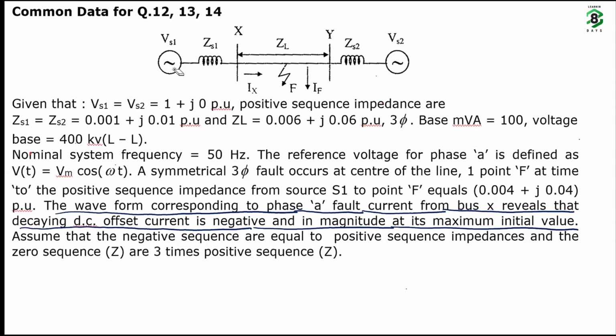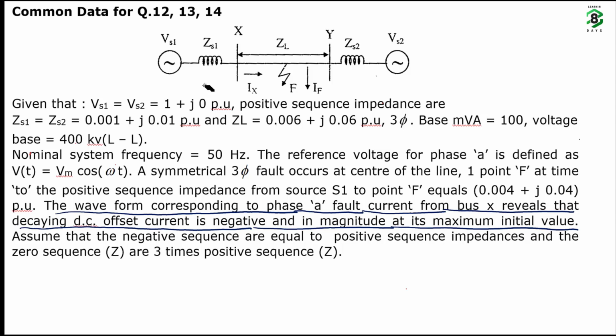Okay. Now the fault current flowing in phase A has a DC offset component. DC offset component means transient component. When the fault occurred, this transient component is negative and maximum. Then compute the instant at which the fault occurred. That is the question.